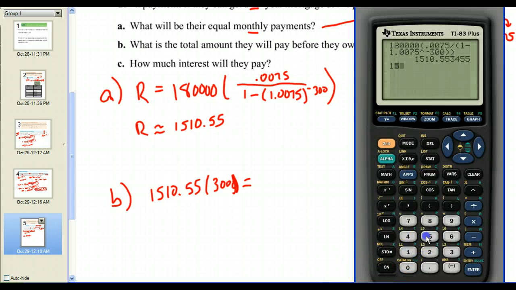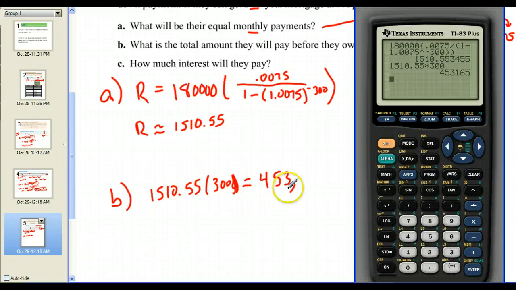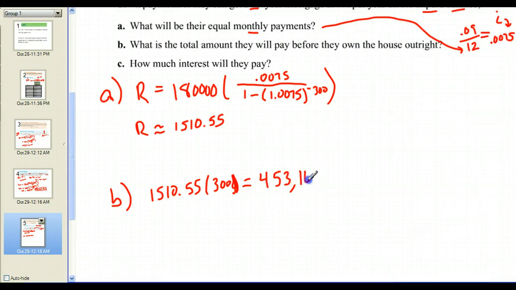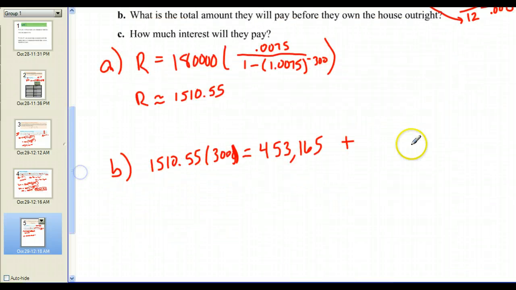So $1,510.55 times 300 months of paying that, $453,165. Now that's what you paid paying back the house, but you also paid how much down? $50,000 down.